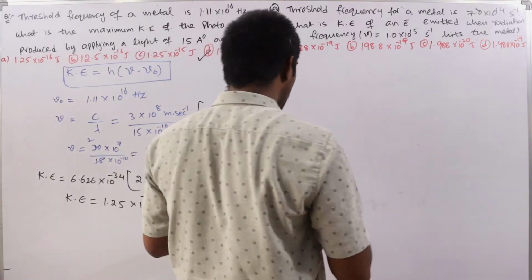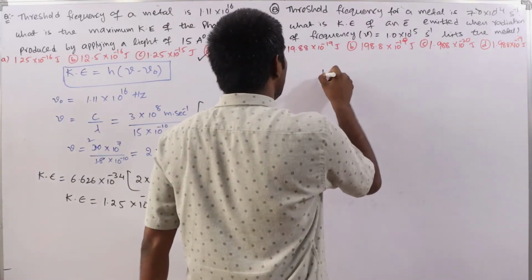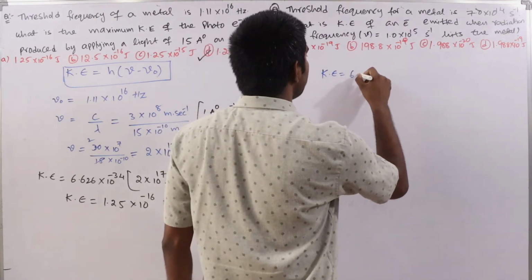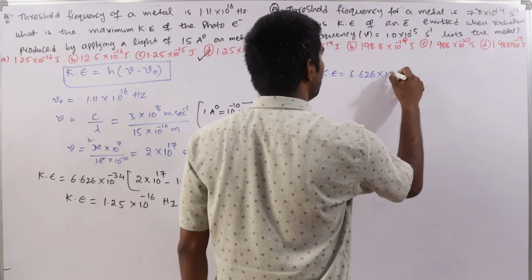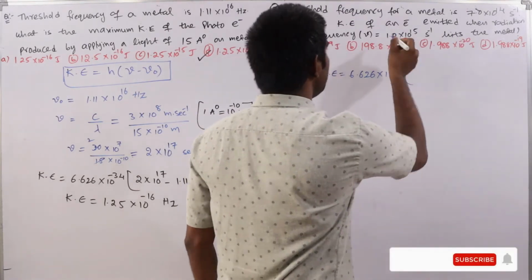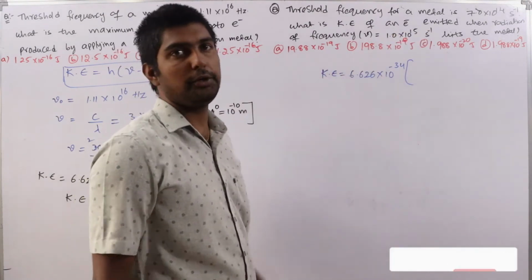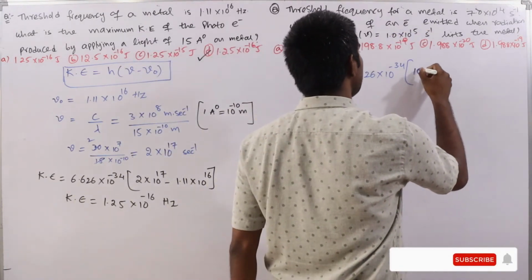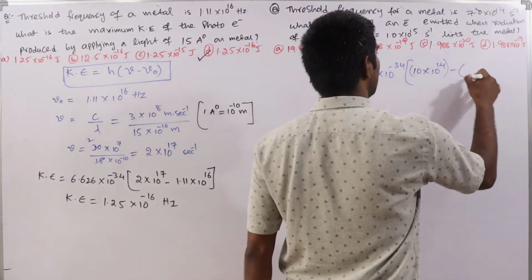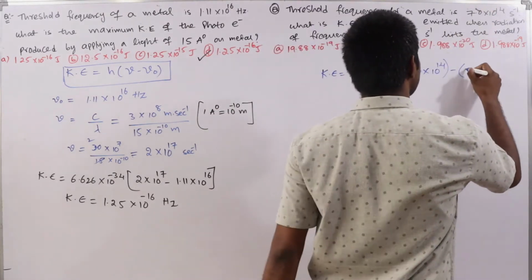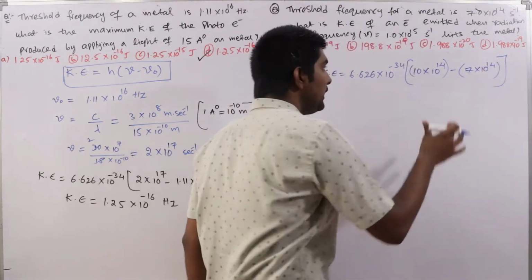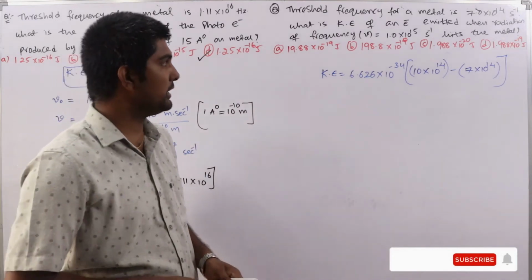So same formula, so therefore kinetic energy is equal to 6.626 into 10 power minus 34 into, see this one is given as 1.0 into 10 power 15, this we can write as 10 into 10 power 14 minus 7 into 10 power 14. See, if you write in this way, simplification will be easier.